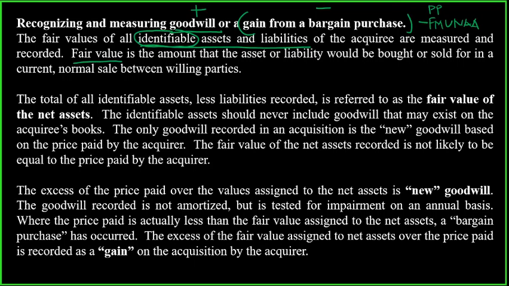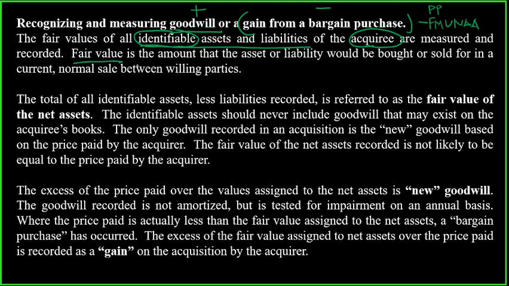Okay? So, number 1, your net assets will be stated at fair market value. Or let's try to restate that. Your identifiable net assets and liabilities of the acquiree will be measured at their fair market values.